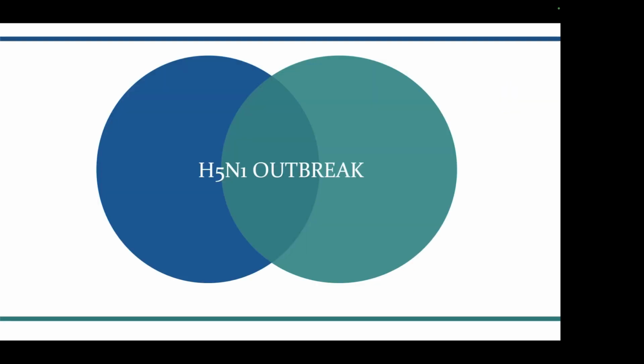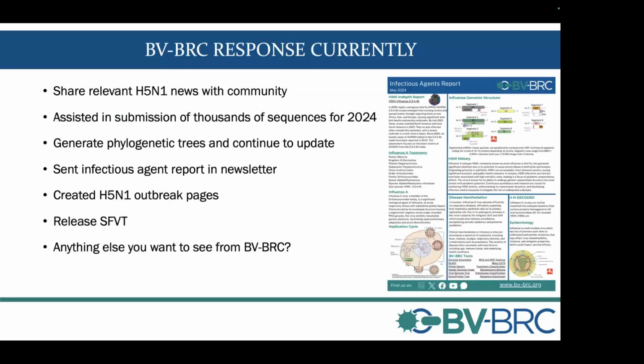So when we're thinking about how the BV-BRC responded to the H5N1 outbreak, we share relevant H5N1 news with the community, and create an infectious agent primer that you can see here in our newsletter. If you're not currently signed up for our newsletter, please do so you can keep up with everything that we're doing.